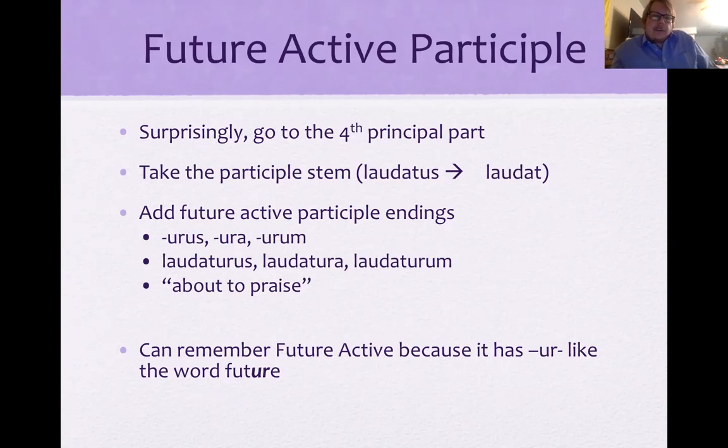And I like this because the future active participle has the future in it, T-U-R. Sometimes helpful there. So you take your participial stem from the 4th principal part, laudat, add urus, ura, or urum. Laudaturus, laudatura, laudaturum, about to praise. And that's the future active participle.